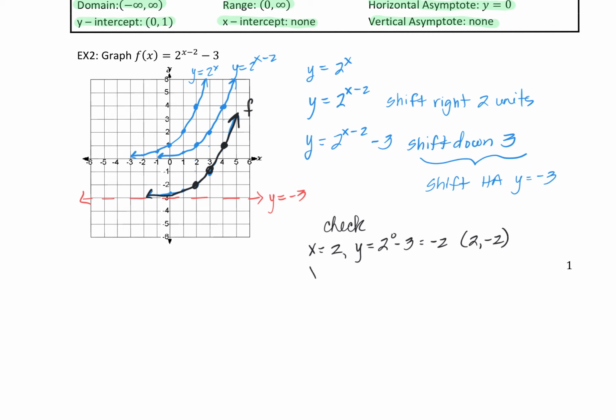Yes. We'll go ahead and check x is equal to 3 and x is equal to 4 as well. This would be y equal to 2 minus 3, and that's -1. So are we passing through (3, -1)? Yes. And then the last one would be 4 minus 3, or +1. So is it passing through (4, 1)? Yes.